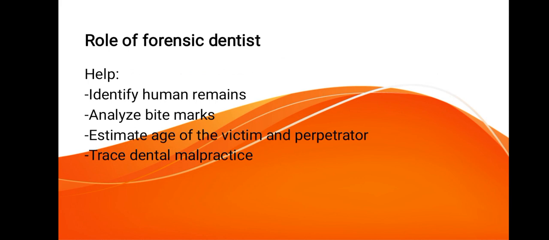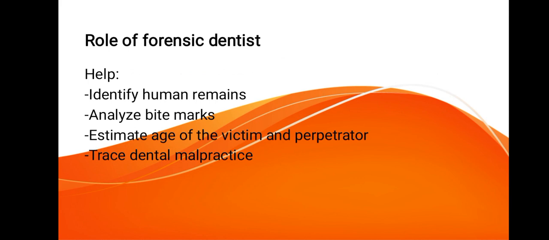I find that identification is very important, whether it's emotionally, legally, or even for financial reasons. In dental identification, one of the most common methods used is comparative identification, where there is comparison of dental records.